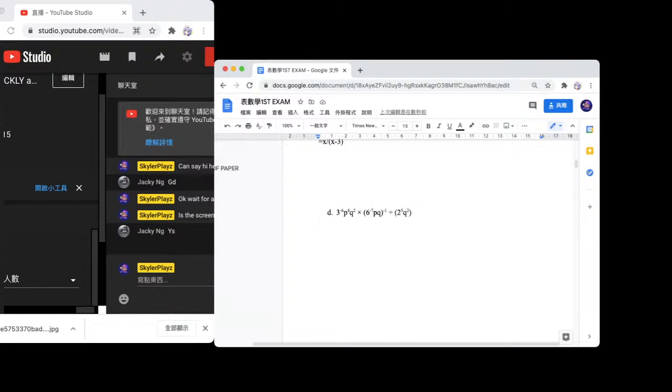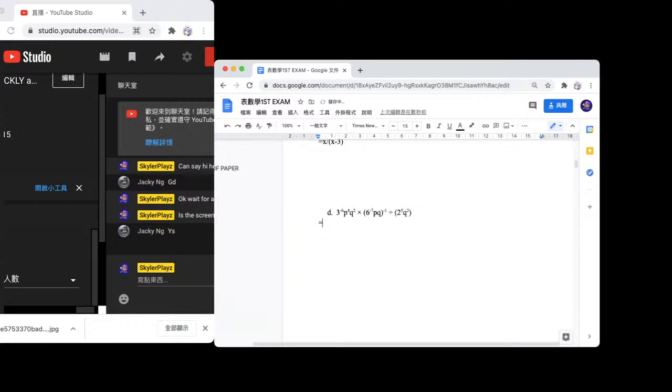3 to the power of -6, p to the power of 4, q squared, times a bracket 6 to the power of -7, p, q, all of these to the power of -1, divided by 2 to the power of 5 and q to the power of 2.